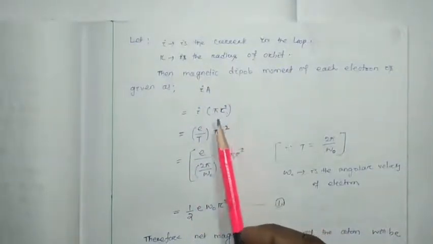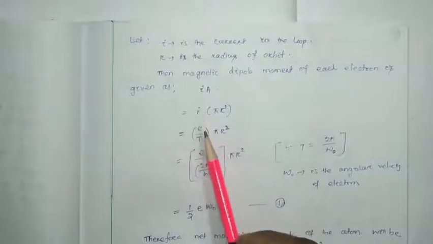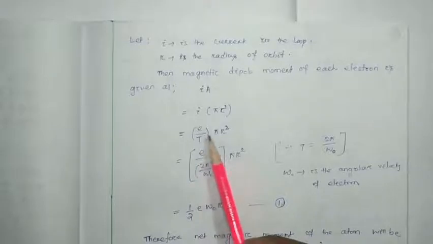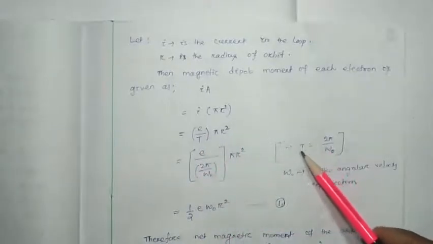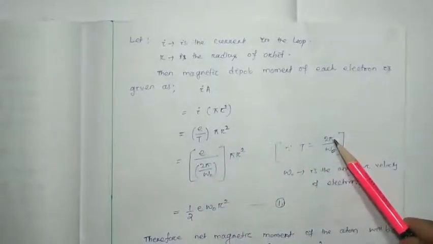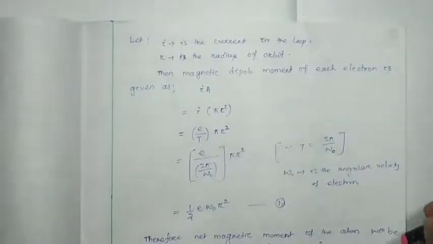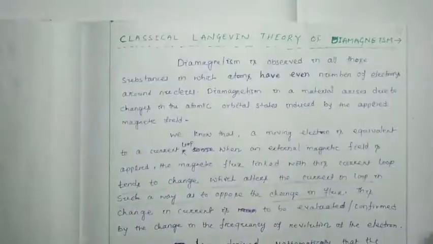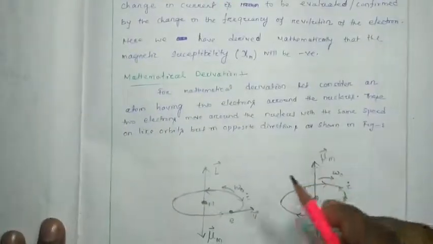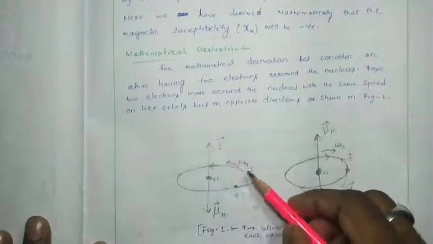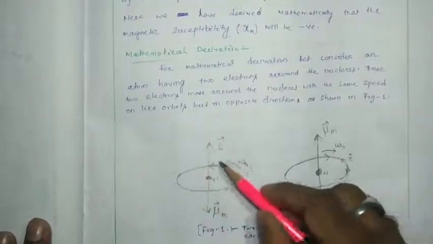And I, the current, will be nothing but charge by time period, e by T. The time period T will be nothing but 2 pi by omega 0. Here omega 0 is the angular velocity of the electron with which the electron is revolving around the nucleus.